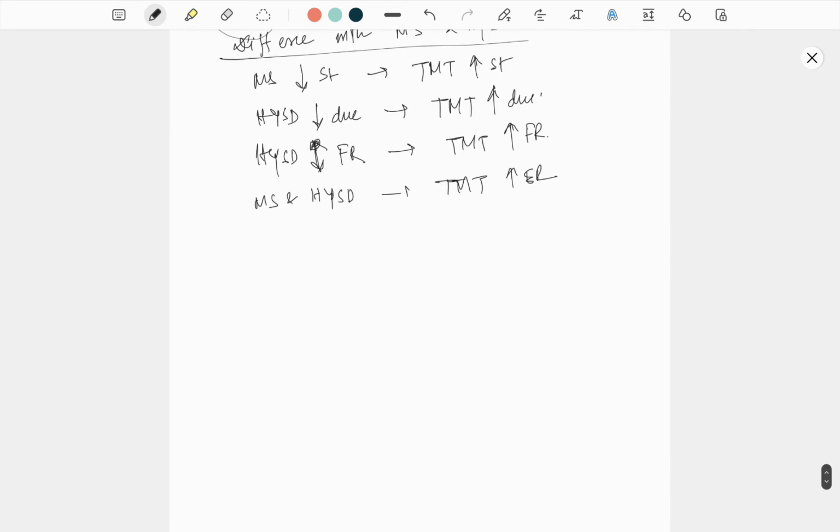Now we talk about the diameter of TMT bar. Basically 8 mm, 10 mm, 16 mm, 20 mm, 25 mm and 32 mm are available.